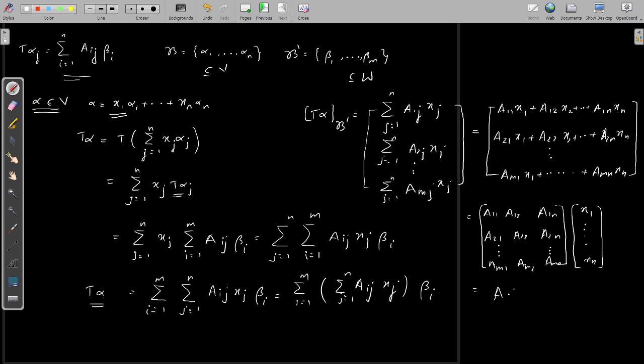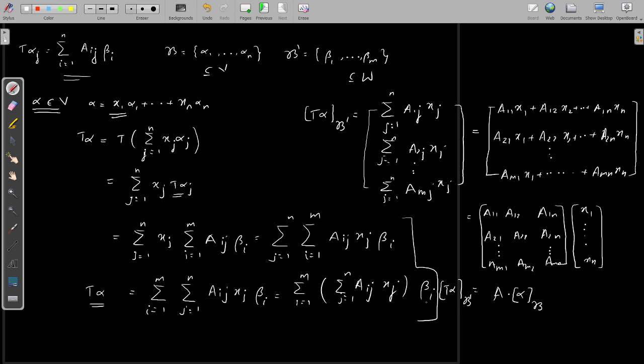So that can be represented by the coordinates of alpha relative to the basis B, and this is the coordinates of T alpha relative to the basis B prime. So this is the relation between the matrix and the linear transformation.